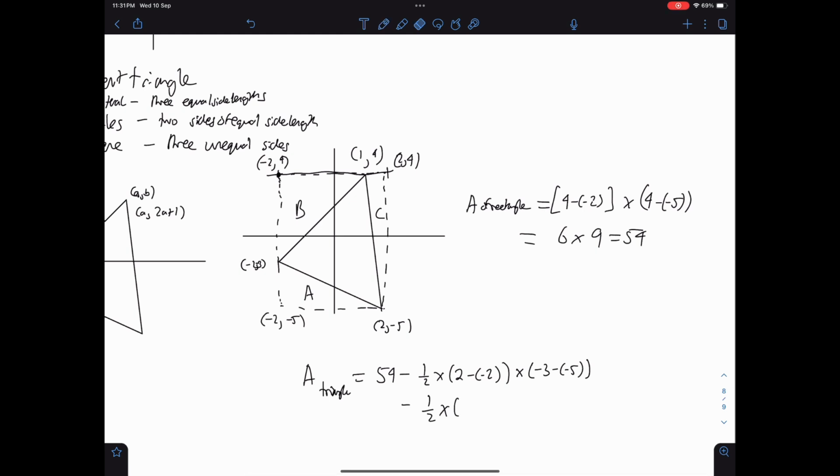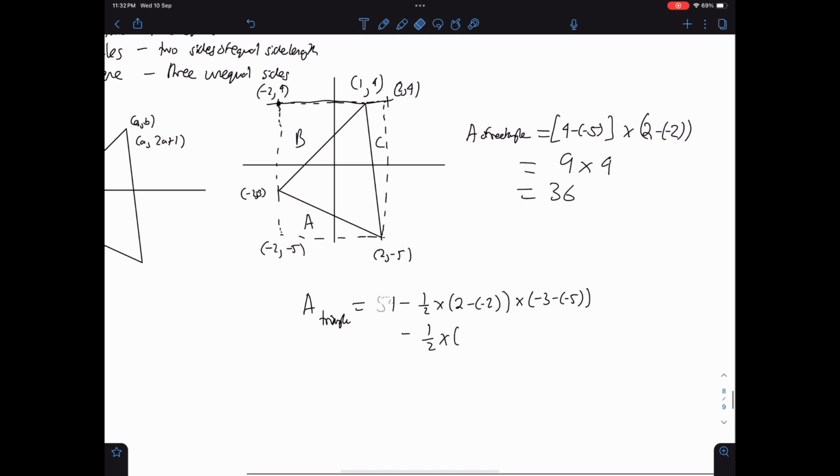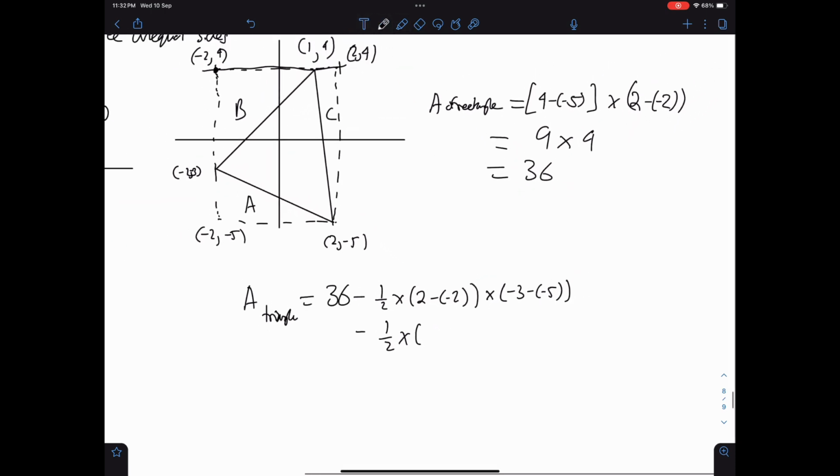Four minus -5 down here, then this needs to be, I do apologise, 2 minus -2. So that is 9 times 4, which is 36. Apologies for that. And then we'll keep going.